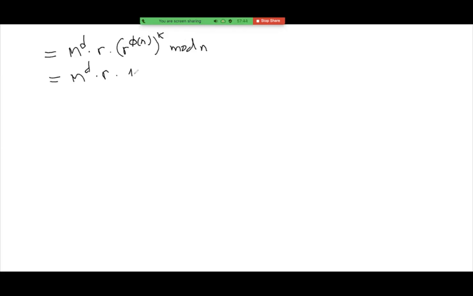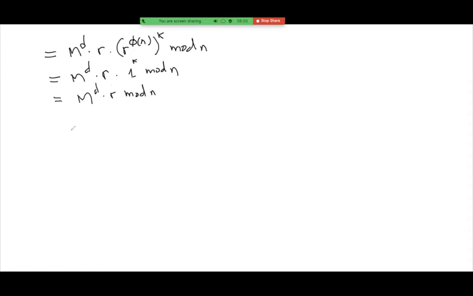So that is 1 to the k's power mod N. 1 to the k's power is 1. So what we are getting is M to the D times R mod N.